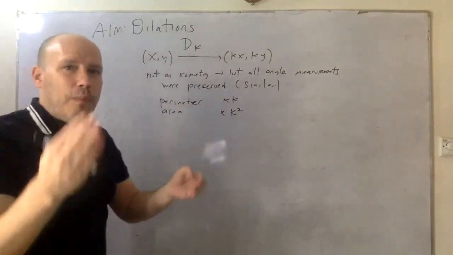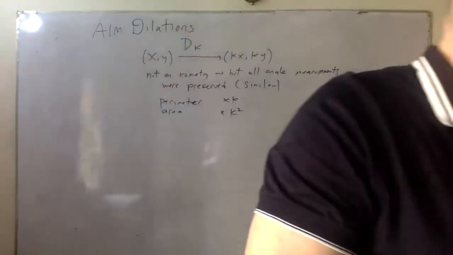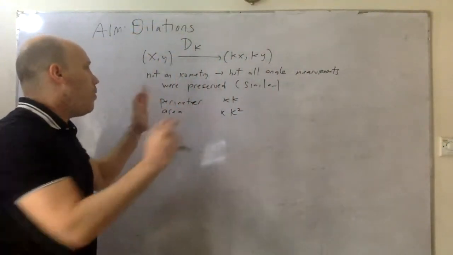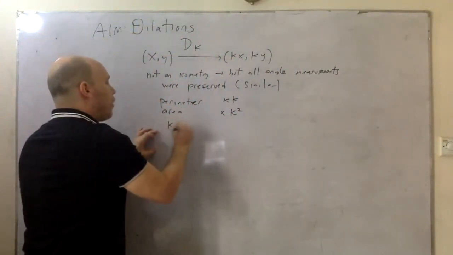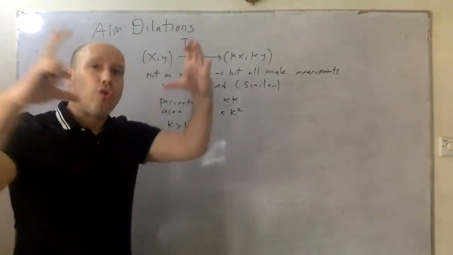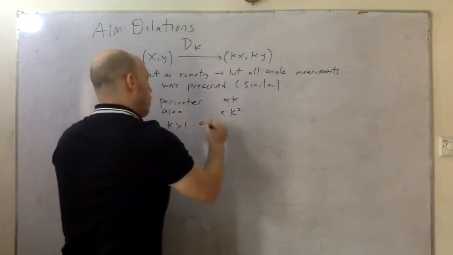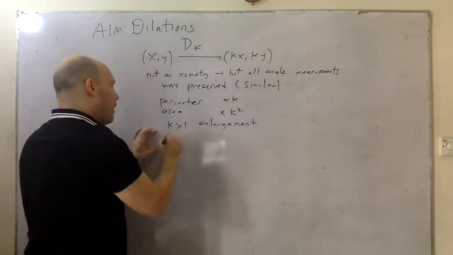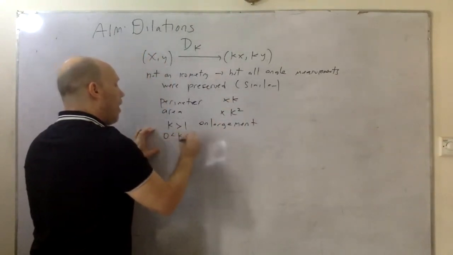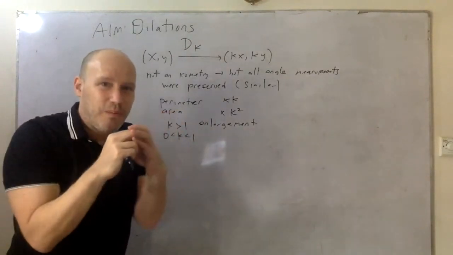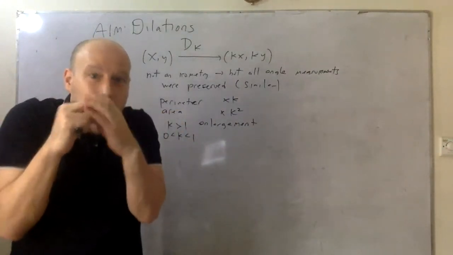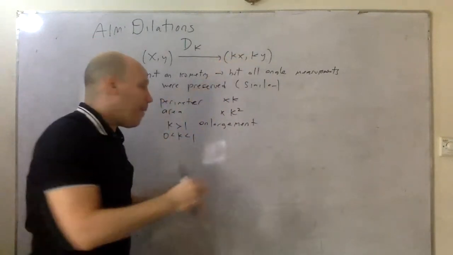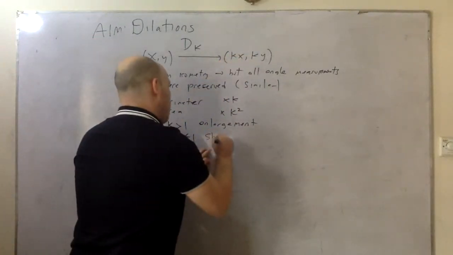We saw that when K was greater than 1, we had an enlargement. And we saw when K was between 0 and 1, this is a shrink. We saw this triangle got really small. That makes sense because the number is 1/2 of X, 1/2 of Y. This is like a shrink.